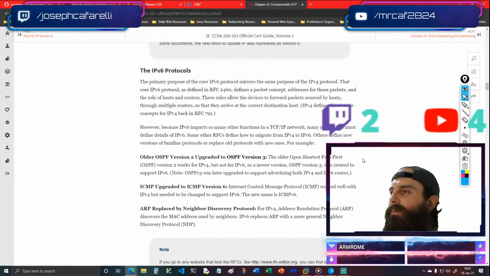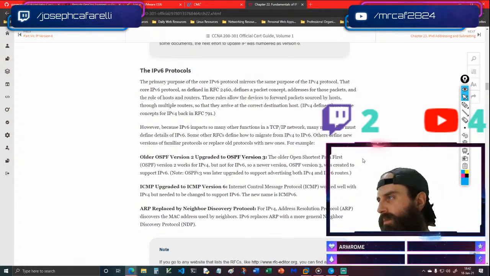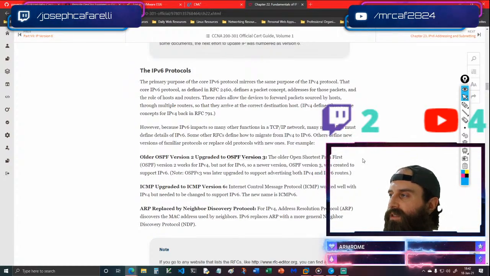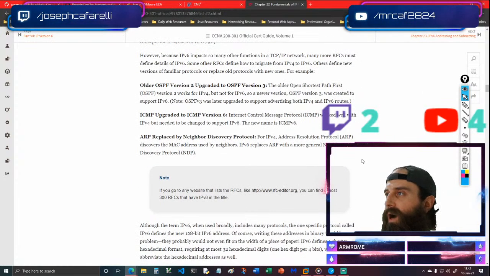ICMP upgraded to ICMP version 6, Internet Control Message Protocol. The ICMP message worked well with IPv4, but needed to change to support IPv6. The new name is ICMP version 6.